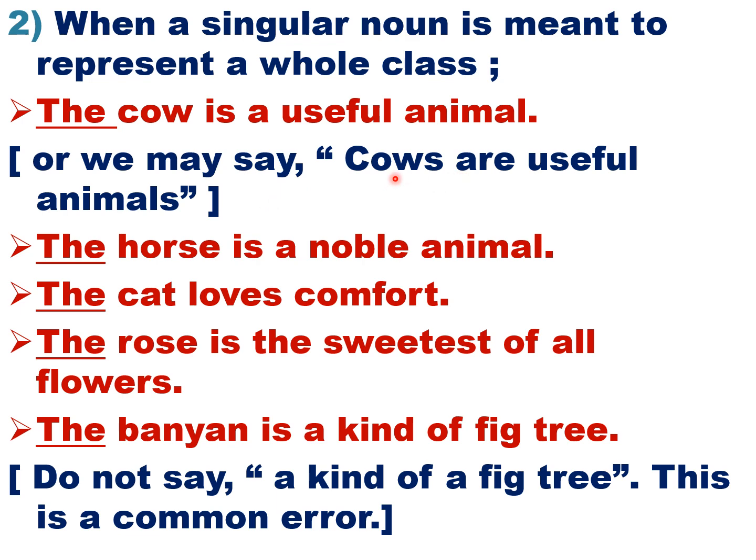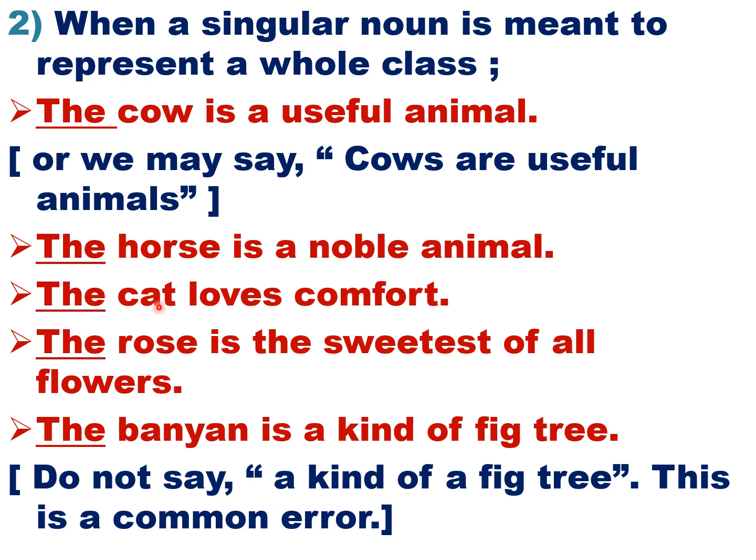We can use a plural form also. Cows are useful animals. The horse is a noble animal. Horse refers to a singular noun. The horse represents a whole class. The horse is a noble animal, or horses are noble animals.